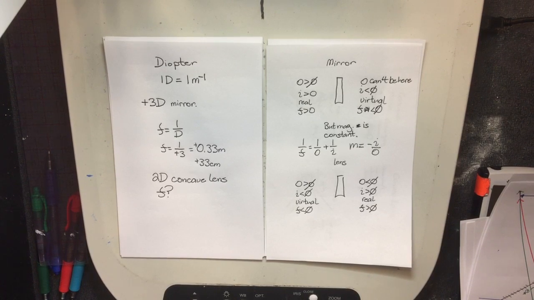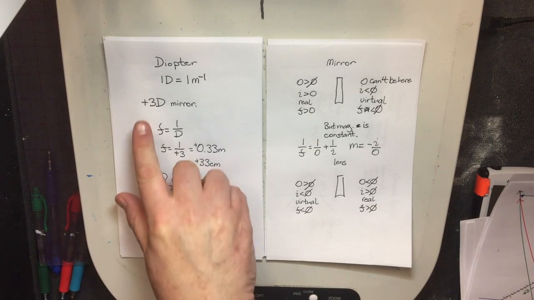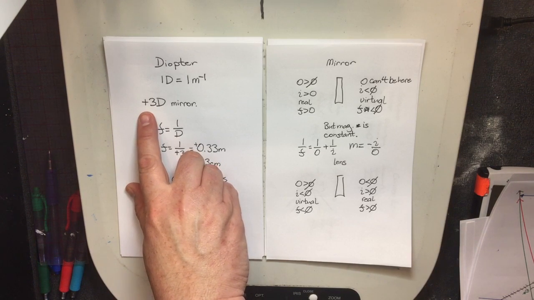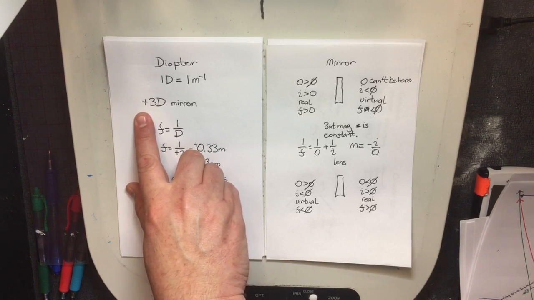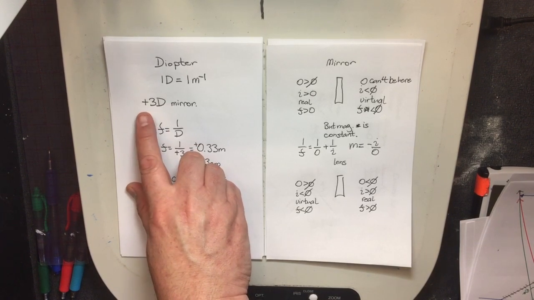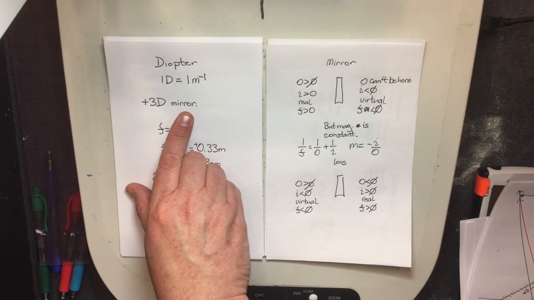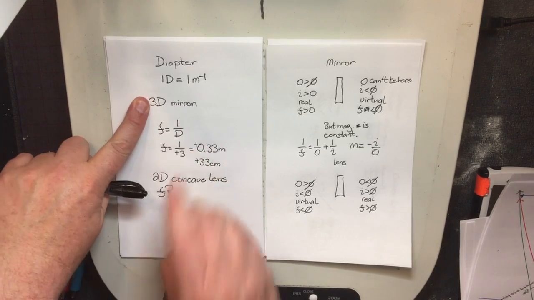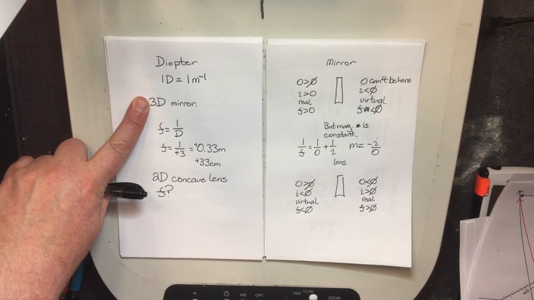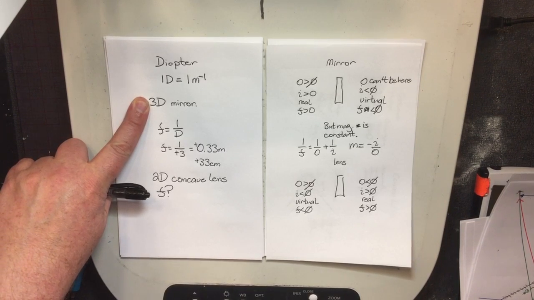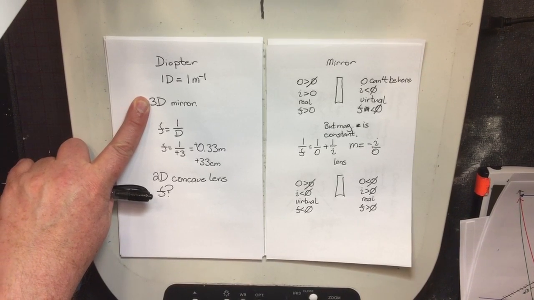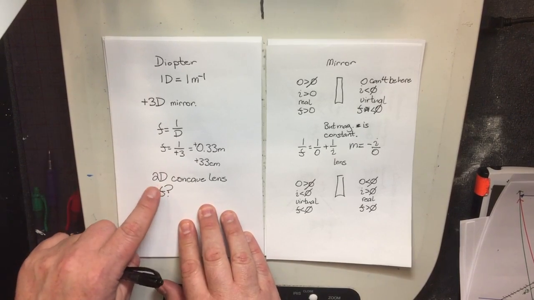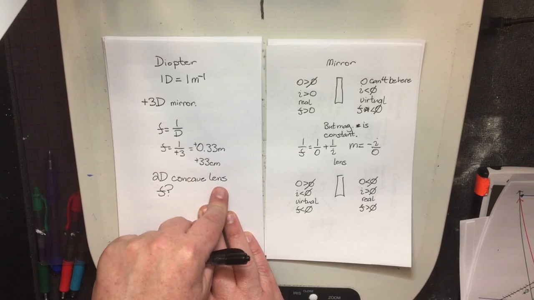When I'm playing with diopters, there will be situations where I give you plus or minus. In this situation, a plus 3D mirror, the plus is required. If I didn't have it there, a 3 diopter mirror, you could say, is it convex or concave? You didn't tell me if it's positive or negative. With this, I said it was a 2 diopter concave lens.